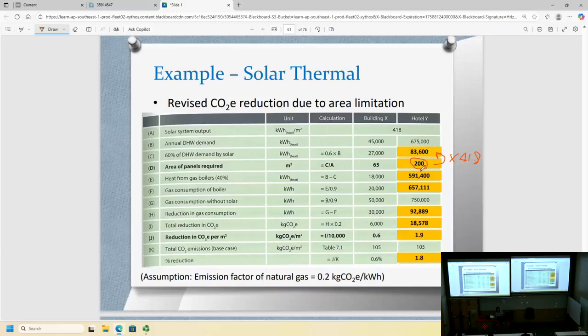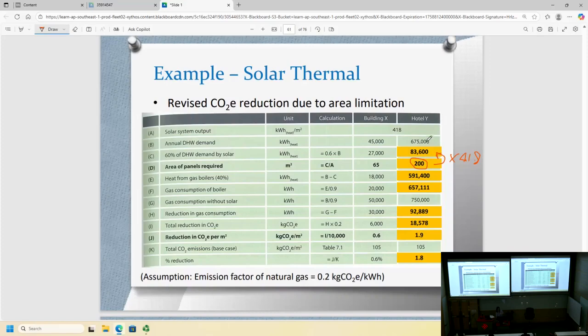And for the heat of the gas boiler, it will be the annual demand, B, minus the capacity.